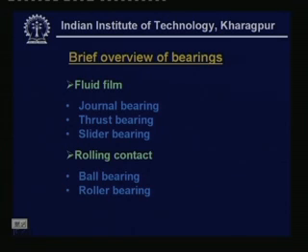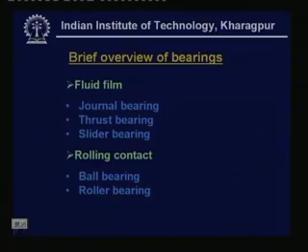Because the bearings and shafts are so closely related to each other, one should also have some knowledge of the bearings that are normally utilized in the design. We are not considering any separate lecture chapter on bearings. Rather, in this shaft lecture, we are just giving a brief overview of the bearing.